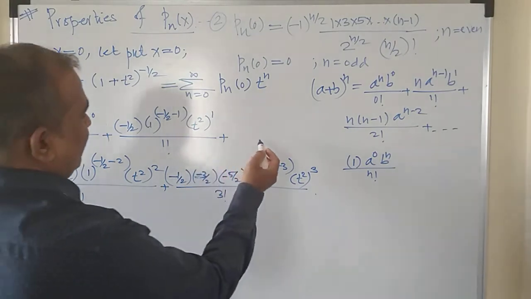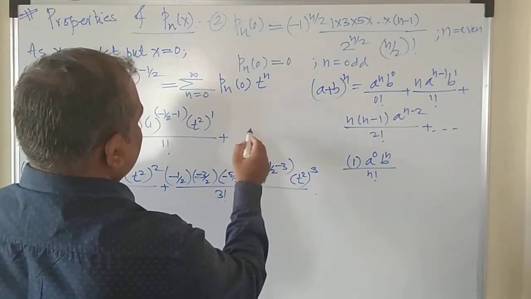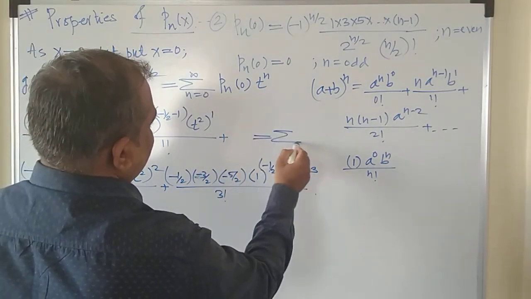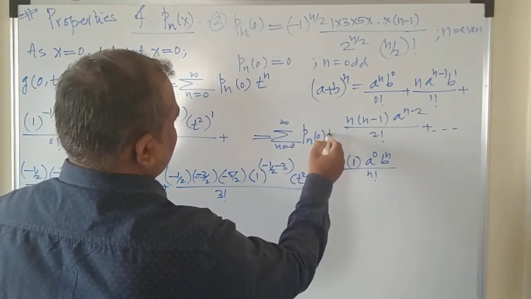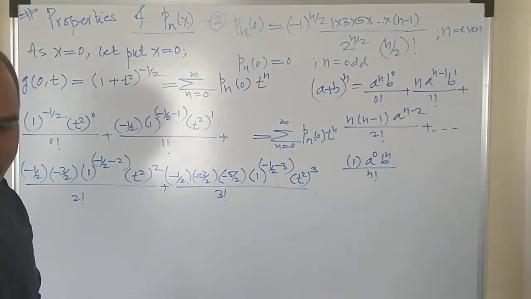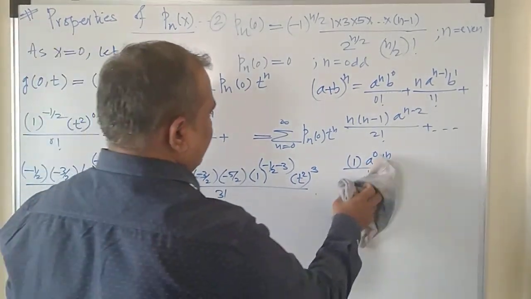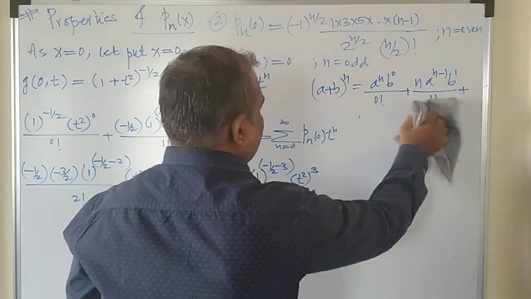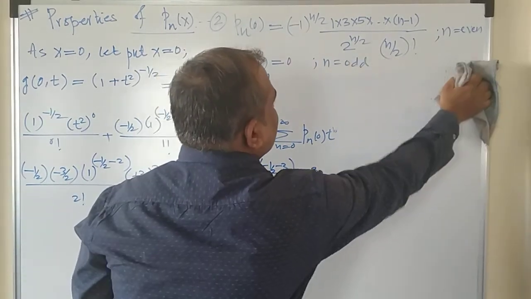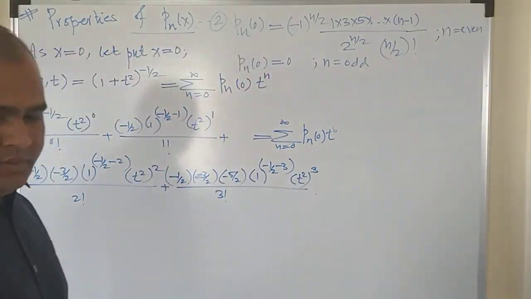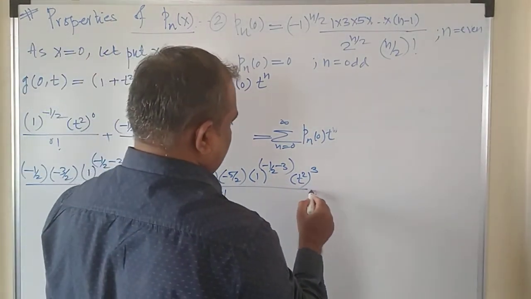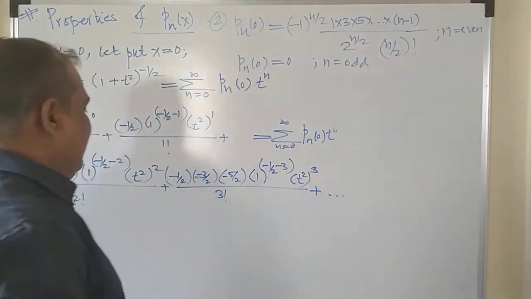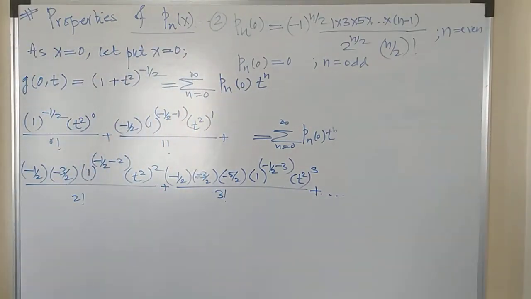And its right hand side I will write here for the time being as the summation n equals 0 to infinity of Pn of 0 t raised to n, right? I will skip this binomial expansion formula from this, plus dot dot dot, and we'll get the last term of this expansion. What will be the last term?